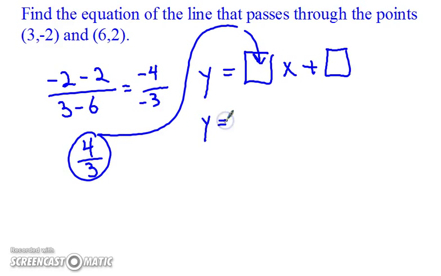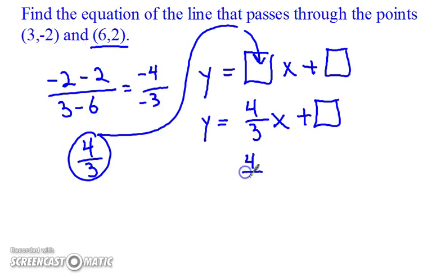So now I know y equals 4/3 x plus, I still don't know what goes in here, but I do know if I put a 3 in for x, I have to get negative 2 after I get done calculating. Or if I put a 6 in, I have to get 2. I'll go ahead and use this pair this time. So when I put in a 6, 4/3 times 6 plus whatever goes right here, I have to get 2.